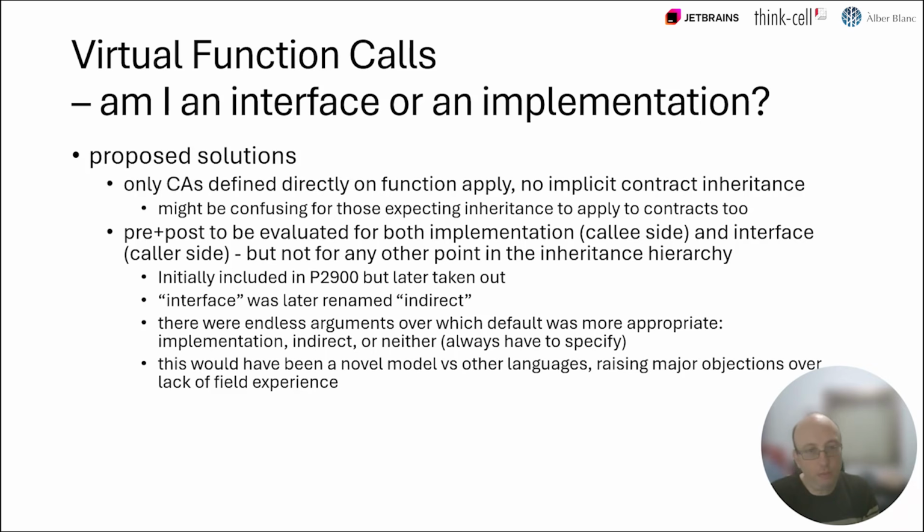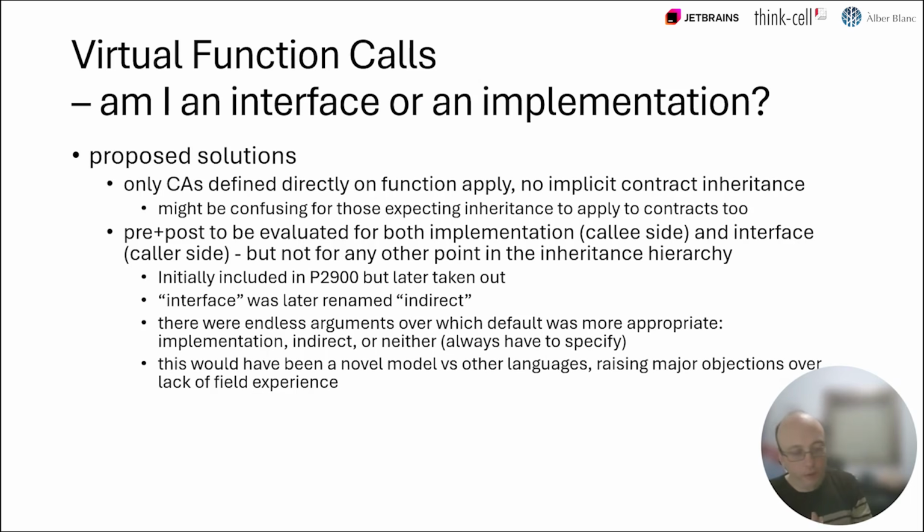The objection was that this might be confusing for those expecting inheritance. The actual proposal that at some point did gain consensus before later losing it would have been different than in other languages, which is one of the main reasons why it was ultimately taken out.